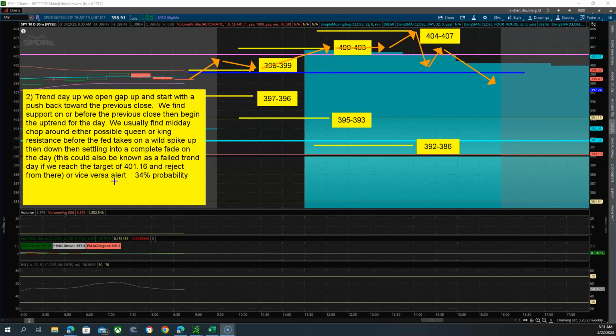Also, be on your toes for the vice versa from this, because we could actually do the opposite, where we enter into this down move first.